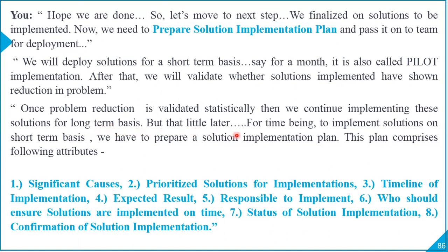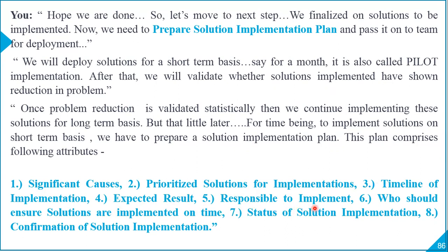But that is a little later. For the time being, to implement solutions on a short-term basis, we have to prepare a solution implementation plan. This plan comprises the following attributes. 1, significant causes. 2, prioritized solutions for implementation. 3, timeline of implementation. 4, expected result. 5, responsible to implement.